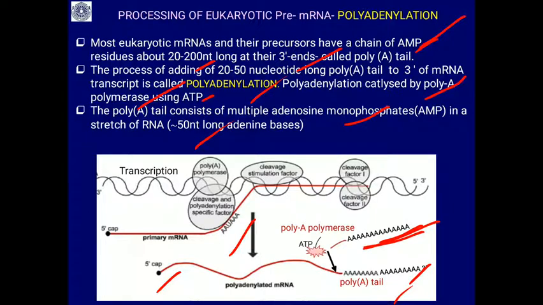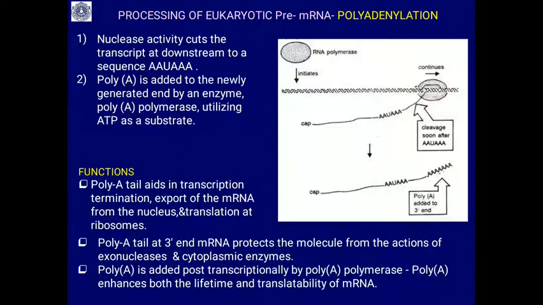This sequence is recognized by the cleavage factors, the cleavage stimulation factor. After the cleavage, immediately the poly-A polymerase enzyme, using ATP, adds a poly-A tail to this region. This nuclease activity cuts the transcript downstream, and then the tail is added by the polymerase.